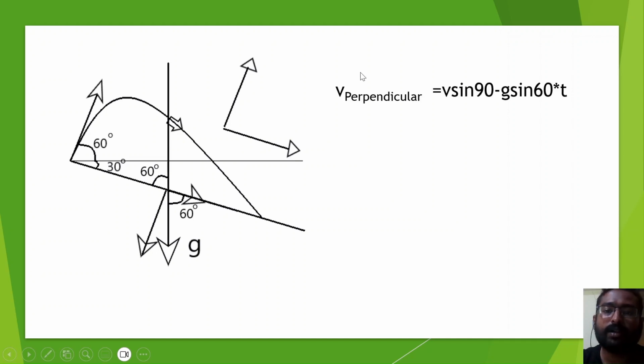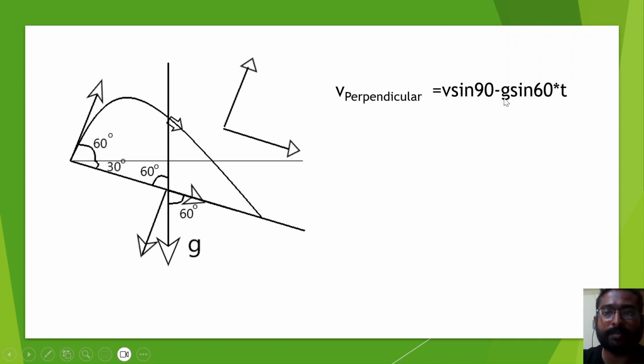So what is the perpendicular velocity at a time t? We can use the relation v equal to u plus at, okay. u is v sin 90, and a is g sin 60, but the acceleration is downward, opposite to the initial velocity.